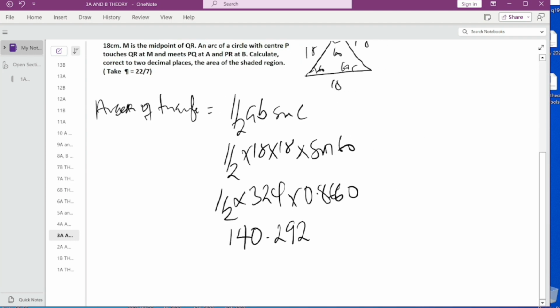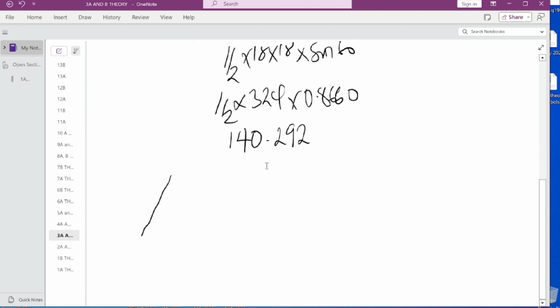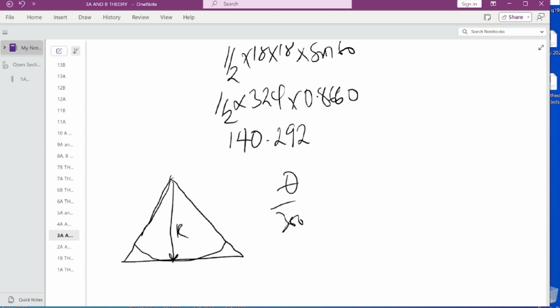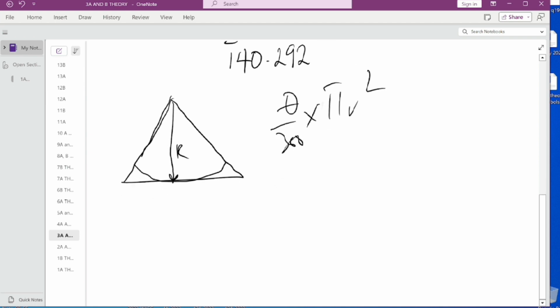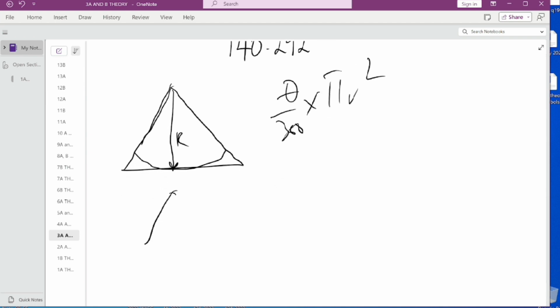And the area of the sector, with the radius r here, is theta over 360 times pi r squared. So we can derive the radius based on the information we have. We have the triangle and the radius in the middle, which is the height. This side is 18. Since the line bisects this into equal parts, we have 9.